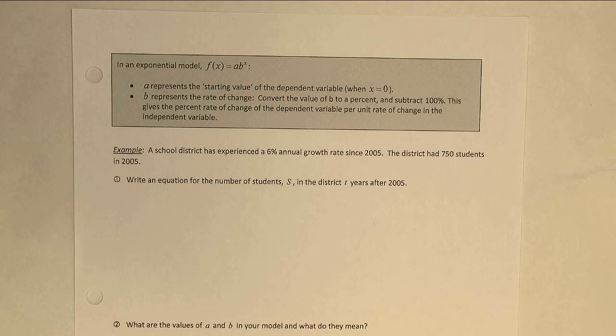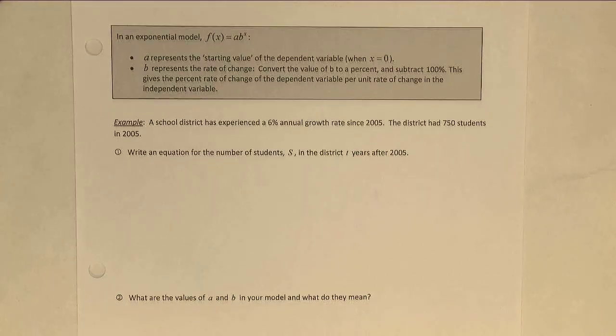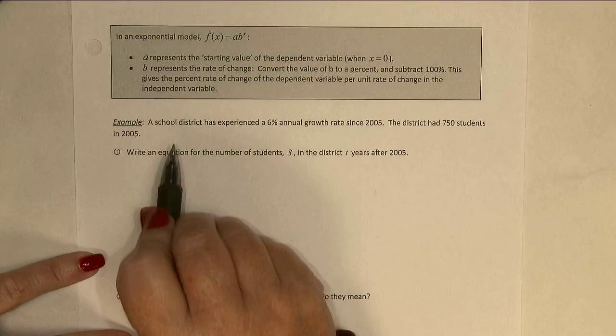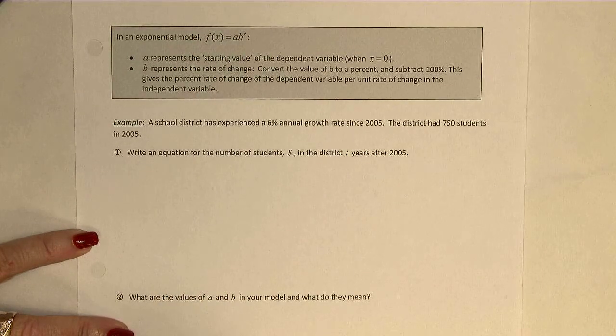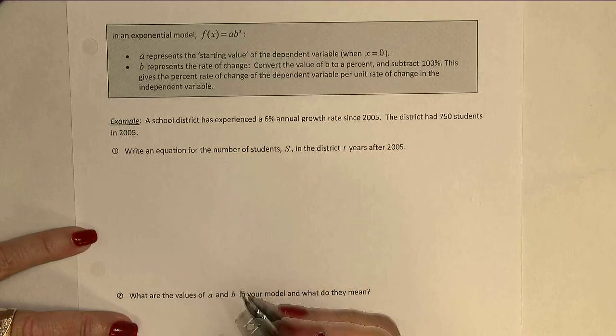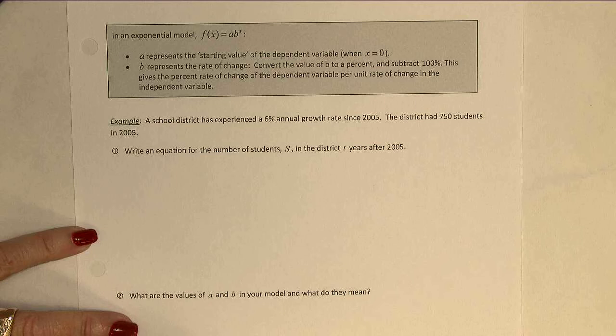All right, let's try another one. We have a school district that has experienced a 6% annual growth rate since 2005. The district had 750 students in 2005. I'd like to write an equation for the number of students, S, in the district T years after 2005.